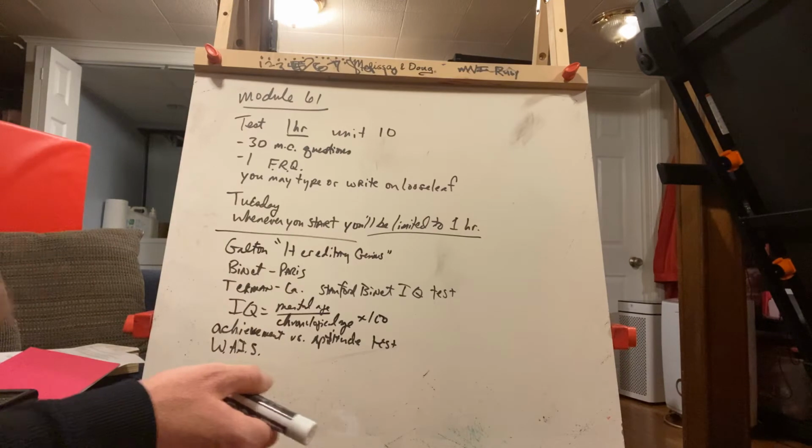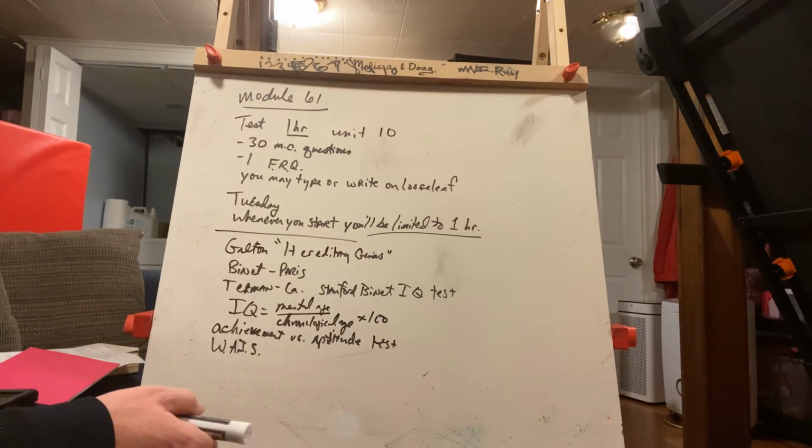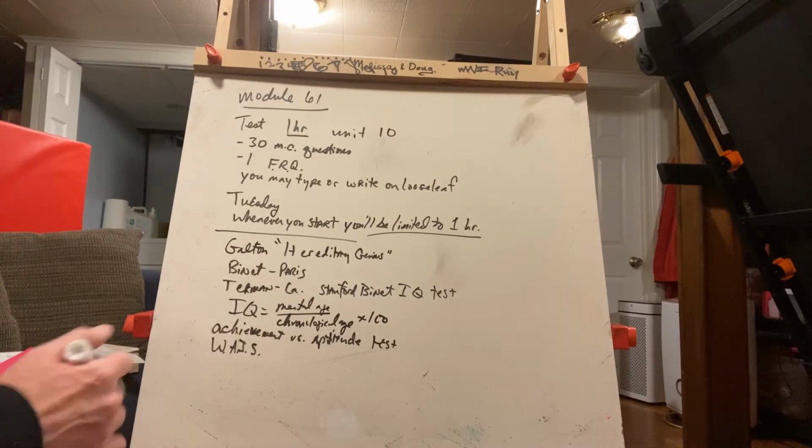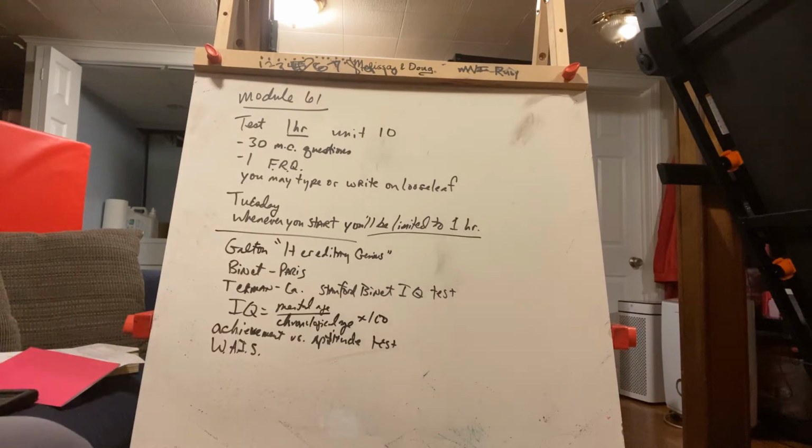So I broke this up because it wasn't necessarily a very long module, but there's a lot of information in here that I wanted to make sure I covered. So your first homework from module 61 will be doing notes from 617 to 620.